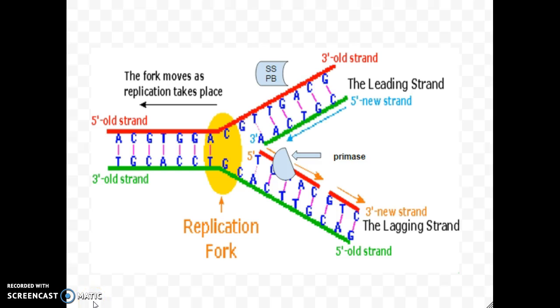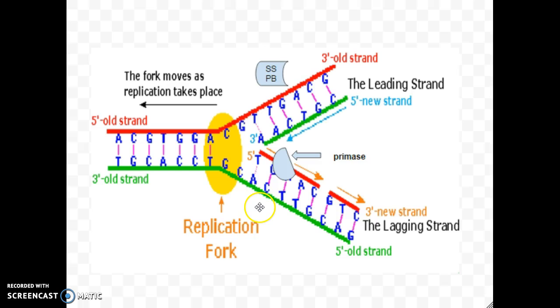Therefore, replication begins as an enzyme called primase assembles an RNA primer. The RNA primer is at the origin of the replication site. It consists of a short sequence of RNA nucleotides, complementary to a small initial section of the DNA strand being prepared for replication.